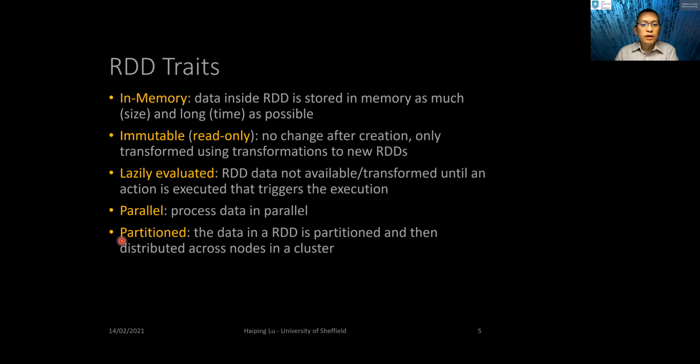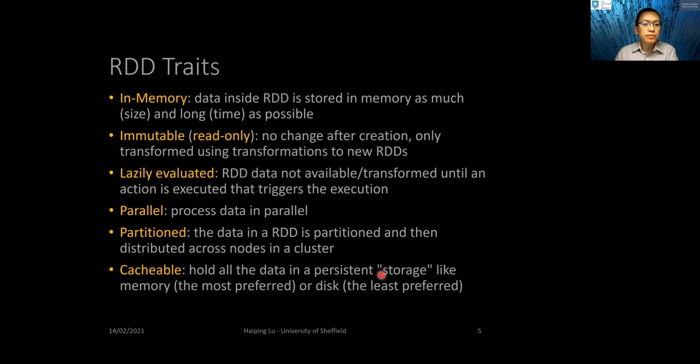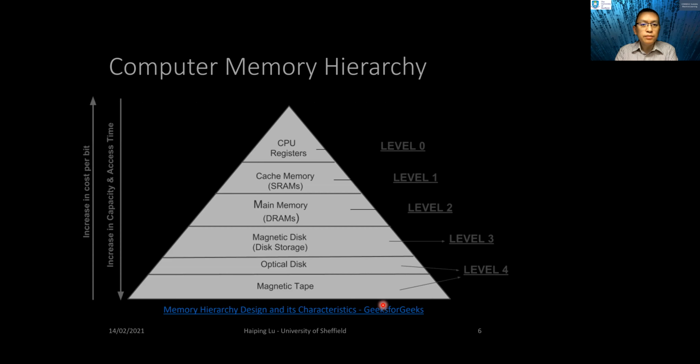And fifth, the data in an RDD is partitioned, and then these partitions are distributed across nodes in a cluster. And finally, RDDs are cacheable. What this means is the RDDs can hold all the data in a persistent storage, such as memory or disk. We will look at this in more detail later.